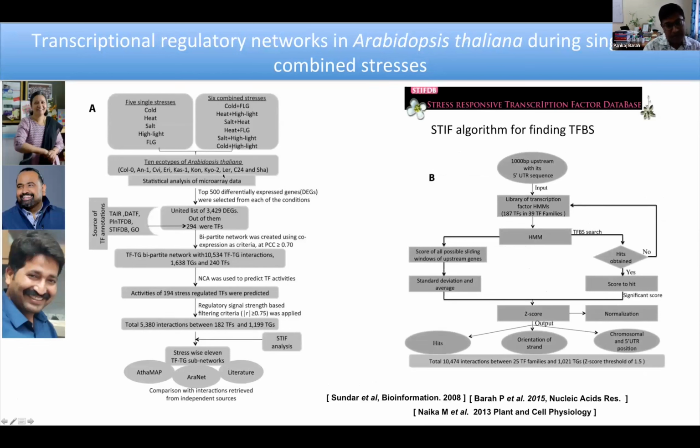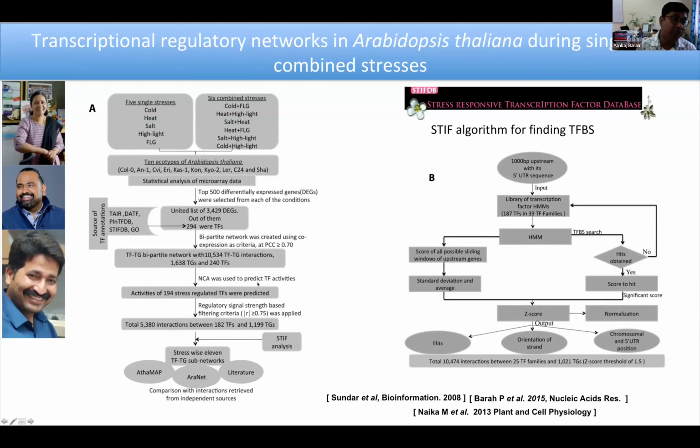That is one very standard algorithm. We used our published microarray data in all these 10 different ecotypes, and extracted the transcription factor binding sites from all the publicly available databases for Arabidopsis thaliana, where we got around 3,500 differentially expressed genes and 294 different transcription factors. We generated a transcription factor and target gene interaction network using network component analysis, and then predicted the activity of the transcription factors based on the expression profiles of the genes and the transcription factors.